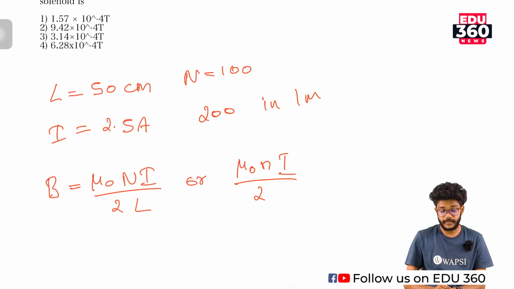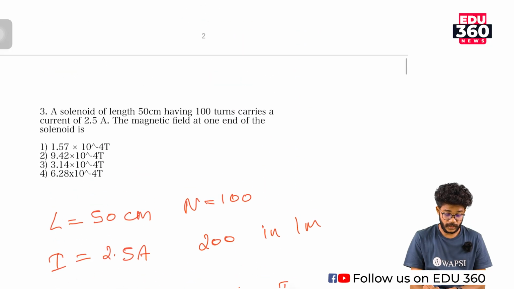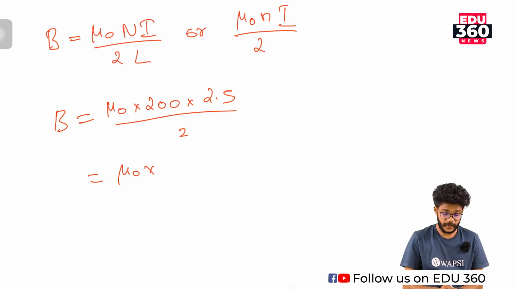So in unit length, there are 200 turns. So B is equal to mu 0 into 200 into the current 2.5 divided by 2, which is equal to mu 0 into 100 into 2.5, which is 250.